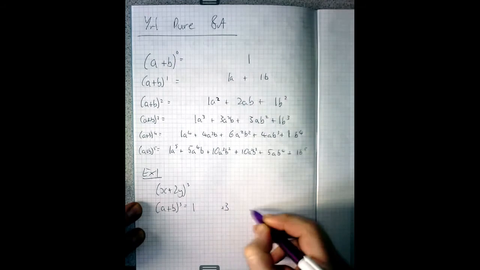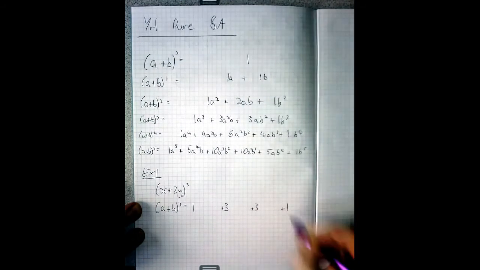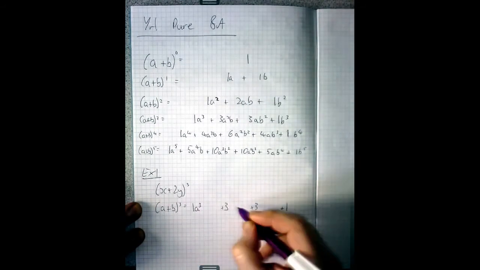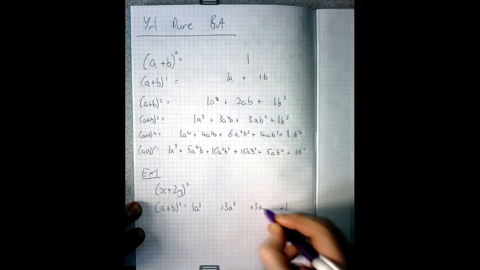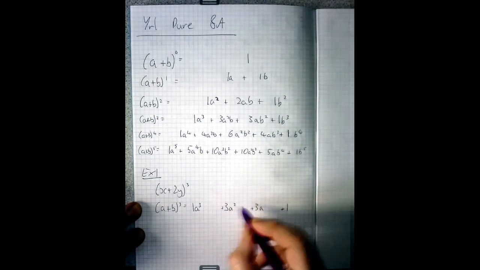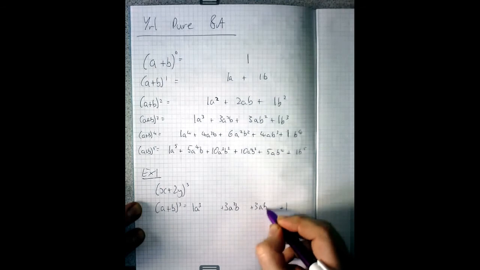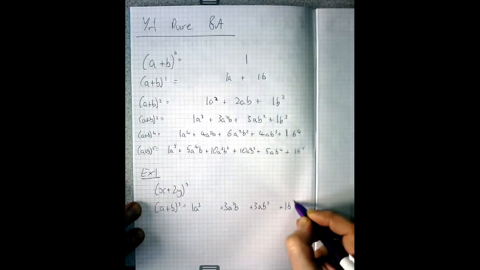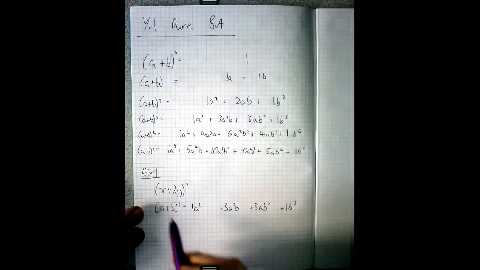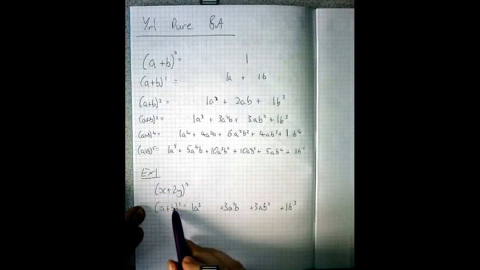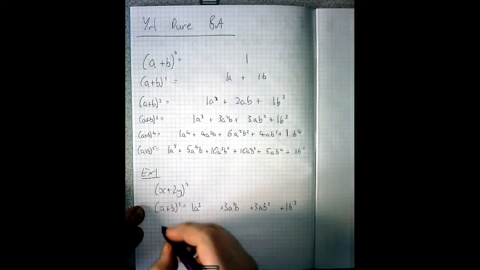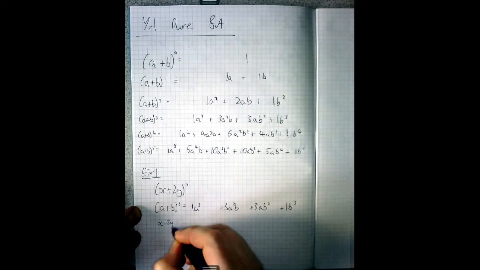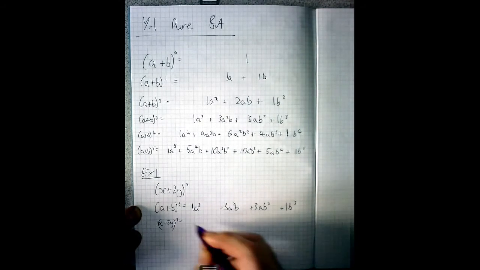So I'm going to expand (a + b)³: 1, 3, 3, 1, a³, a², a, no a, no b, b¹, b², b³. And then instead of a I'm going to write x, instead of b I'm going to write 2y.